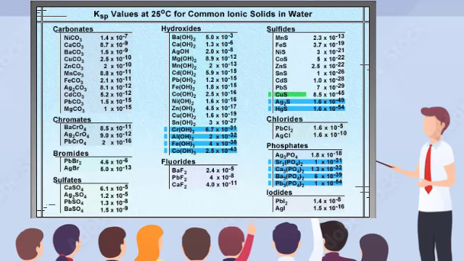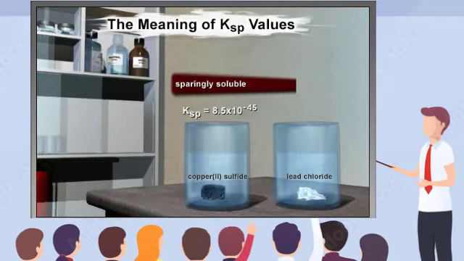Using this chart, you can see that copper sulfide has a small KSP value, 8.5 times 10 to negative 45, which indicates it is sparingly soluble in water. Remember that sparingly soluble compounds give off few ions when placed in water. Therefore, they remain mostly solid.